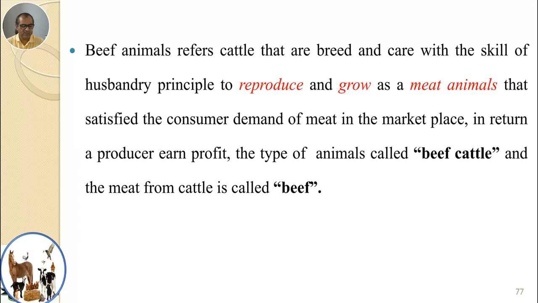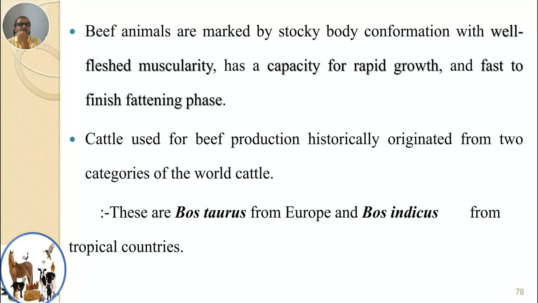Hence, one needs to rear beef cattle for the production of meat. In many countries, it is the cheapest source of meat produced by cattle. So the meat from cattle is called beef, and buffalo meat is also called beef.